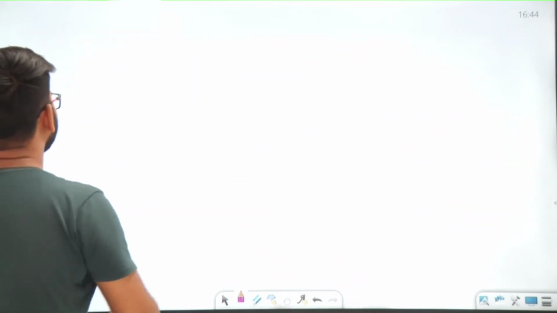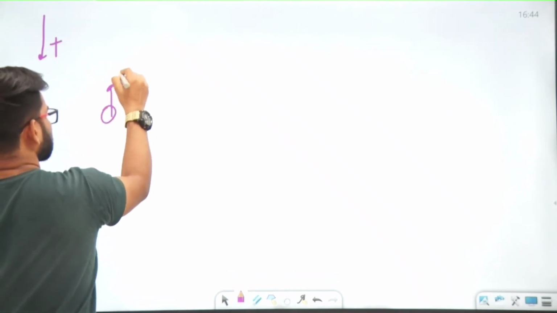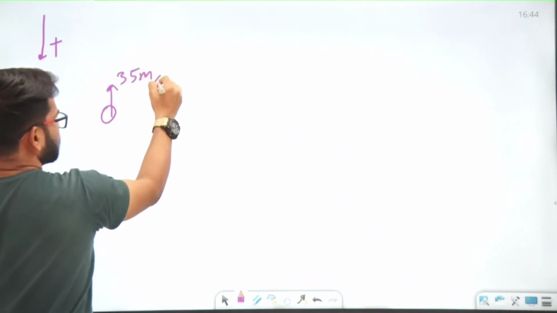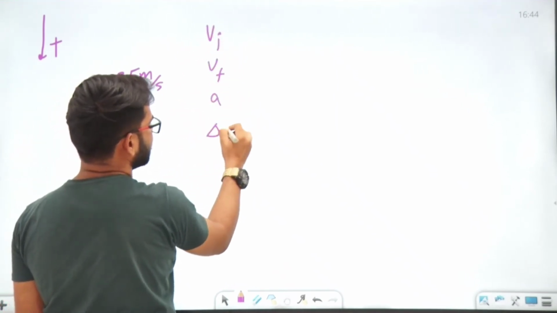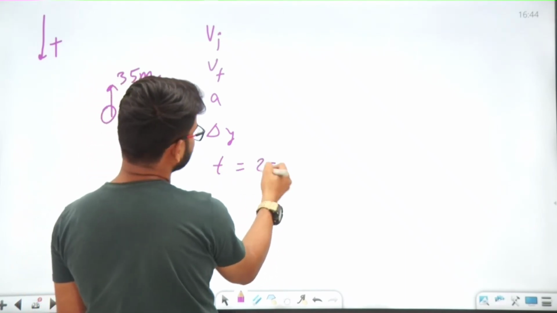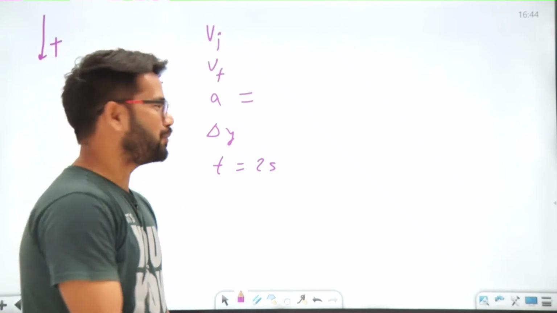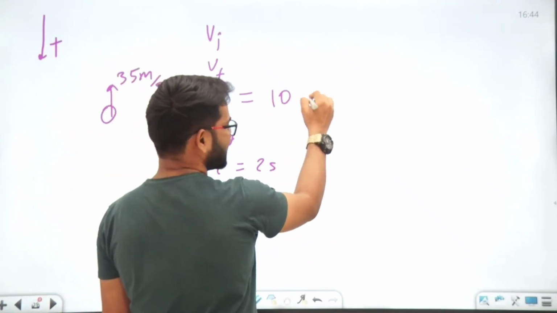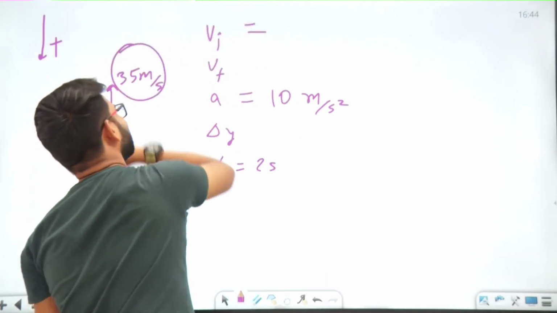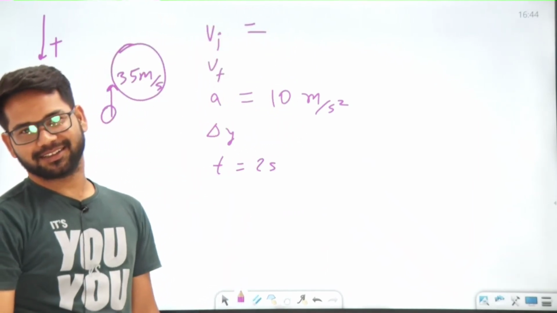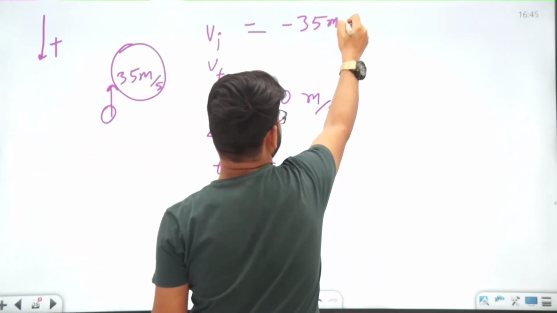Second, we have to take downward direction as positive. So students, if you take downward direction as positive and it was thrown with 35 meter per second upward, let's write Vi, Vf, a, delta y and t. Time is 2 seconds, acceleration again, downward direction positive, so this time it will be plus 10 meter per second square. And since it was thrown upward with 35 meter per second, the initial velocity will be minus 35 meter per second.